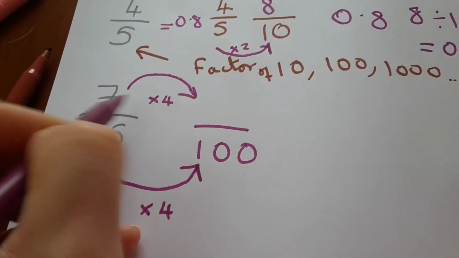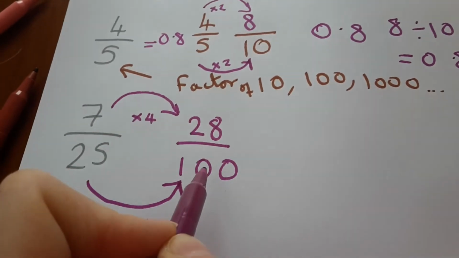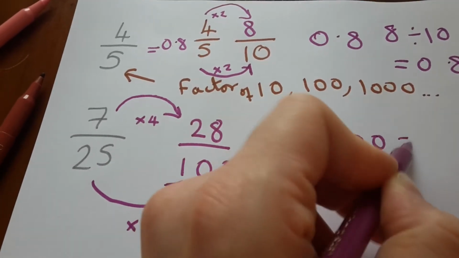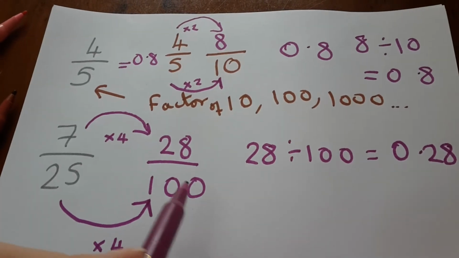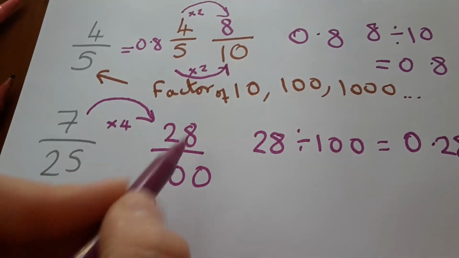Well, 4 times 7 is 28. So I end up with 28 divided by 100, which gives me 0.28.